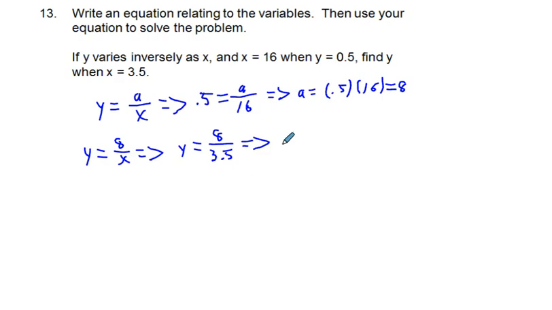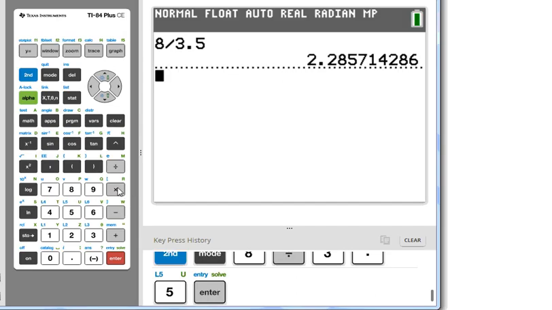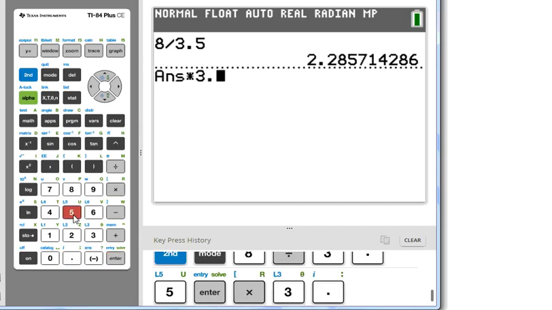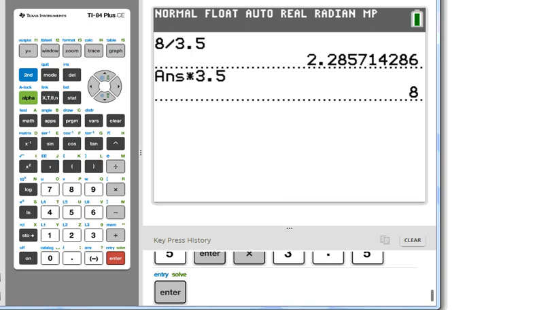That's a weird one. And you can tell if it's correct, because if we multiply that by 3.5, we should get 8. Let's go ahead and do that. Times 3.5, do we get 8? Yes, we do. Check.